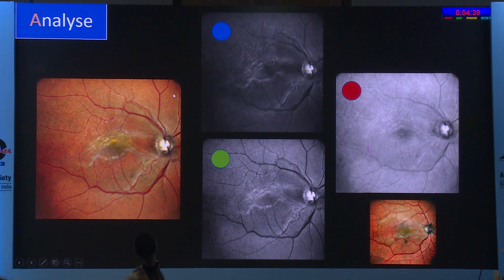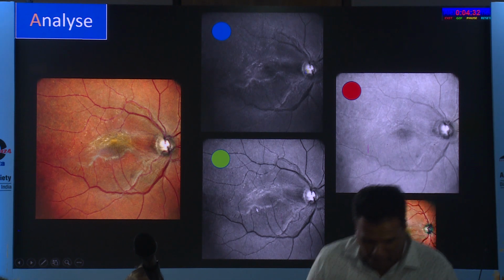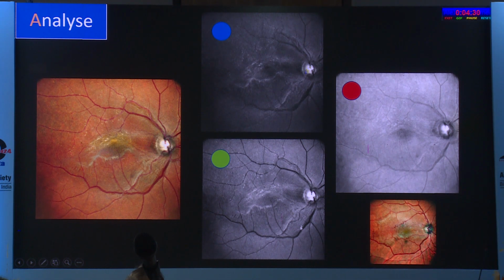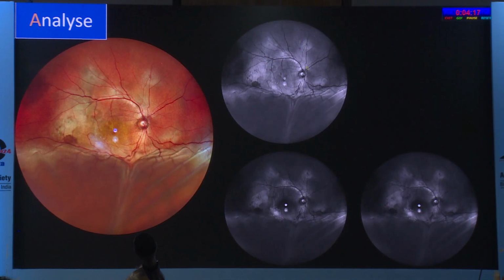The blue part of the image clearly shows the epiretinal membrane, and the schitic part is more clearly seen in the green reflectance image along with the blood vessels because it is intraretinal, and the red image shows details of the retinal pigment epithelium. So multicolor imaging helps us in preoperative planning in dissection of membranes.